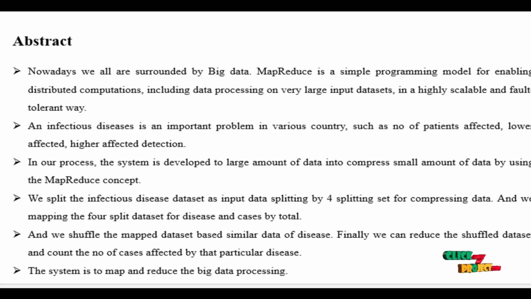We split the infectious disease dataset as input data, splitting the set for compressing data, and we map the 4 split datasets for disease and cases by total, and we shuffle the mapped dataset based on similar disease data. Finally, we reduce the shuffled dataset and count the number of cases affected by that particular disease. The system maps and reduces the big data processing.